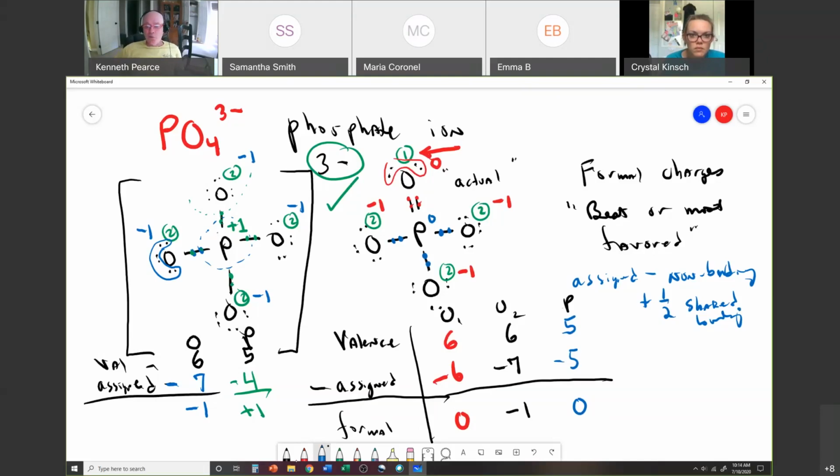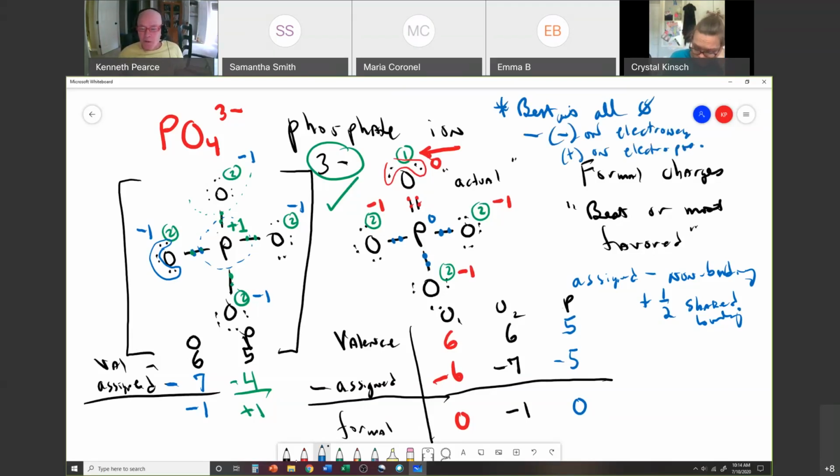Now, what makes one better than the other? Well, we want the ideal, the best. We're going to say best is all zeros. Okay, but if we can't have all zeros, we want to put the minus on the electronegative, and we want to put a plus on the electropositive.